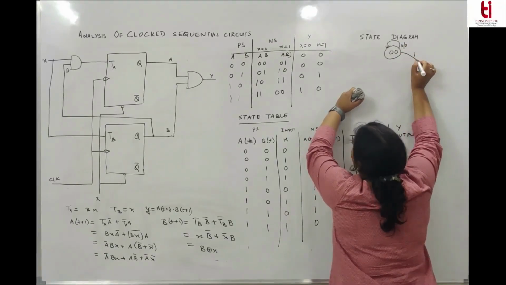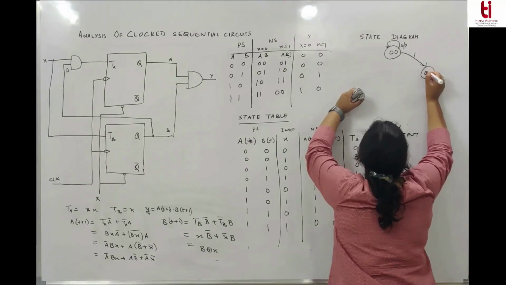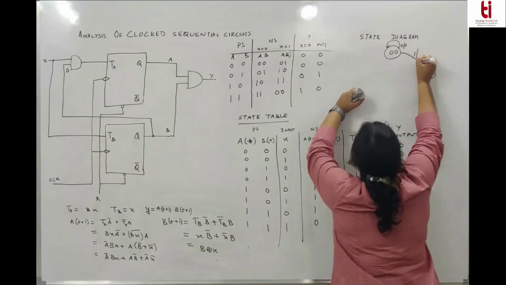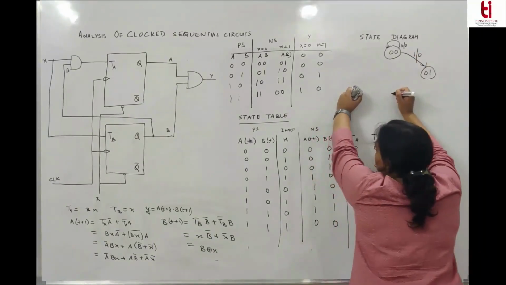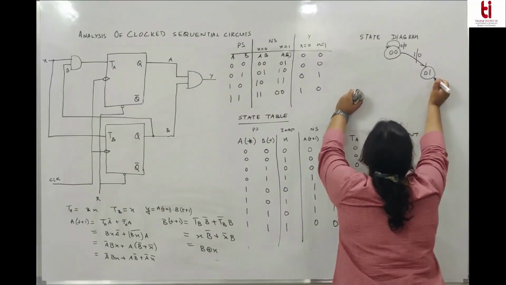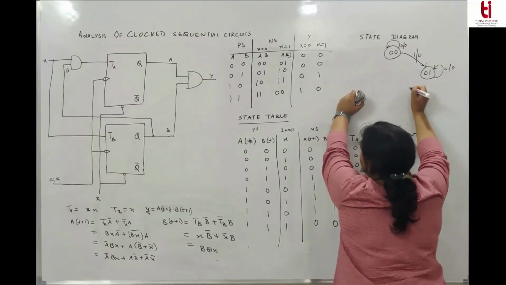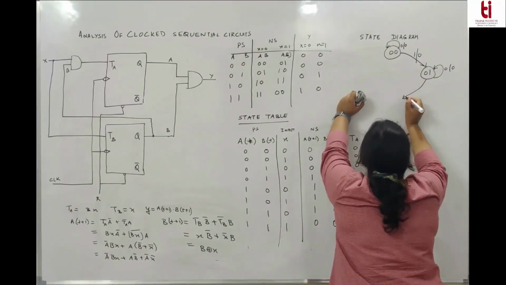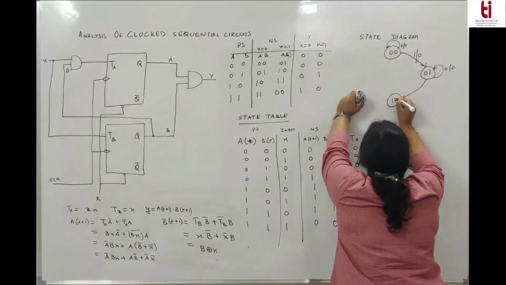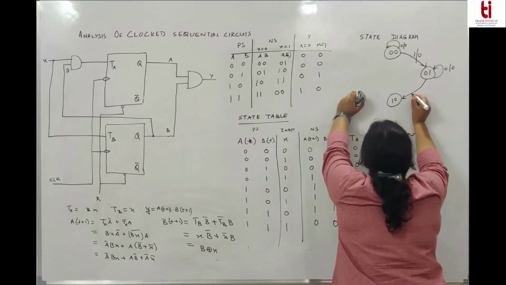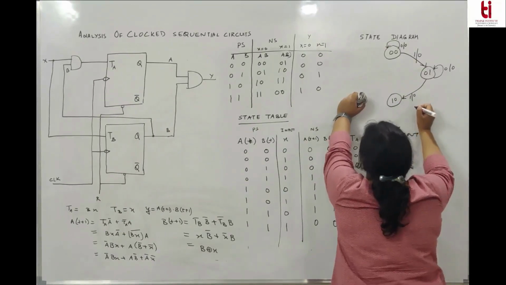If x is 1, it goes to 0, 1 and the output is 0. In the 0, 1 state, for x equal to 0, it remains in the same state, output 0. For x equal to 1, it goes to the 1, 0 state, and the output is 0.